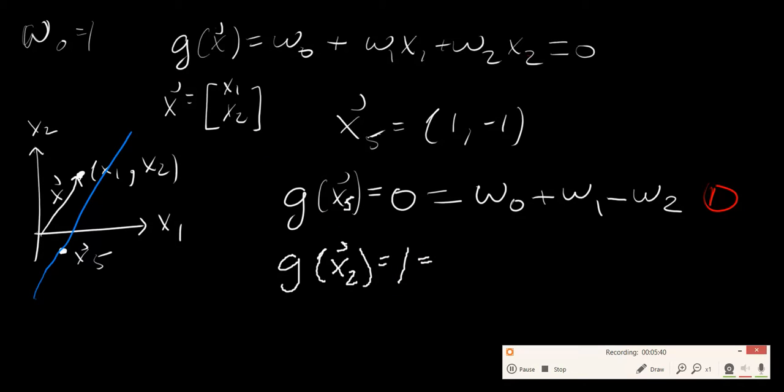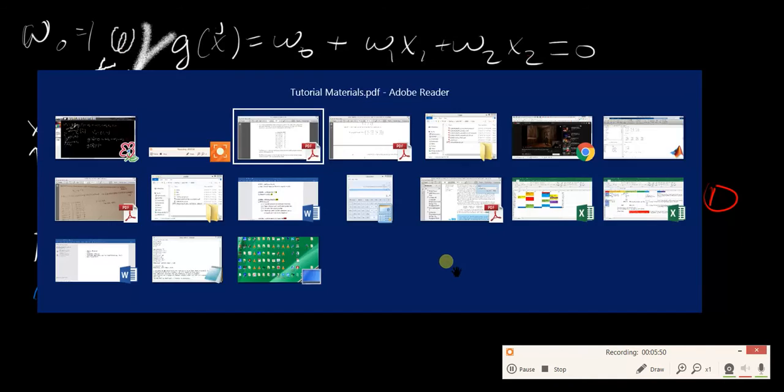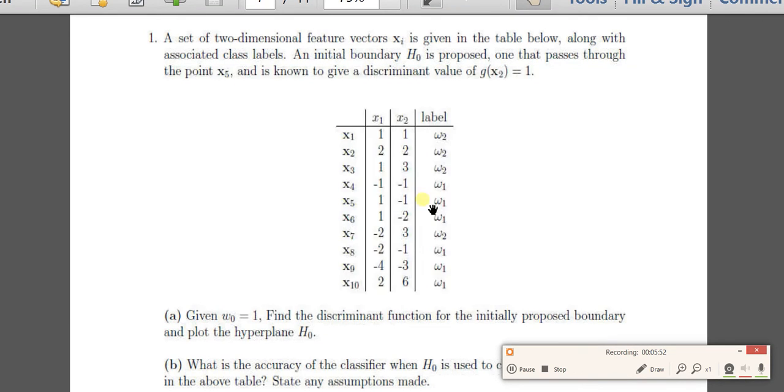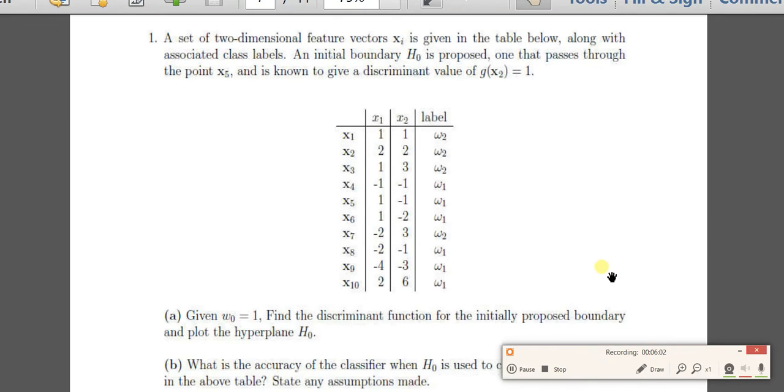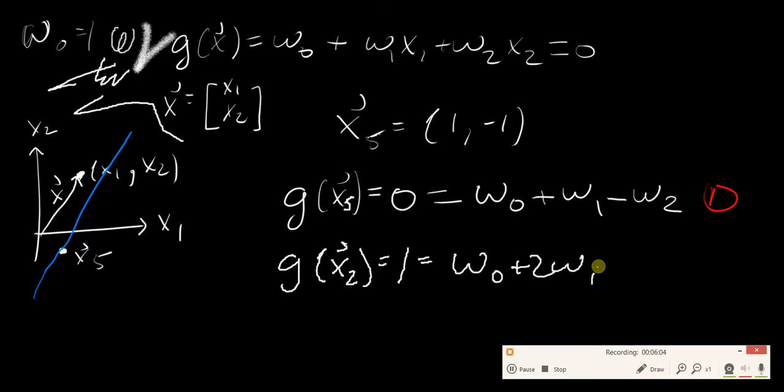I don't know why it does that sometimes. Okay, I'll have to deal with it. So it's 2 and 2. So this is omega naught plus 2 omega 1 plus 2 omega 2.